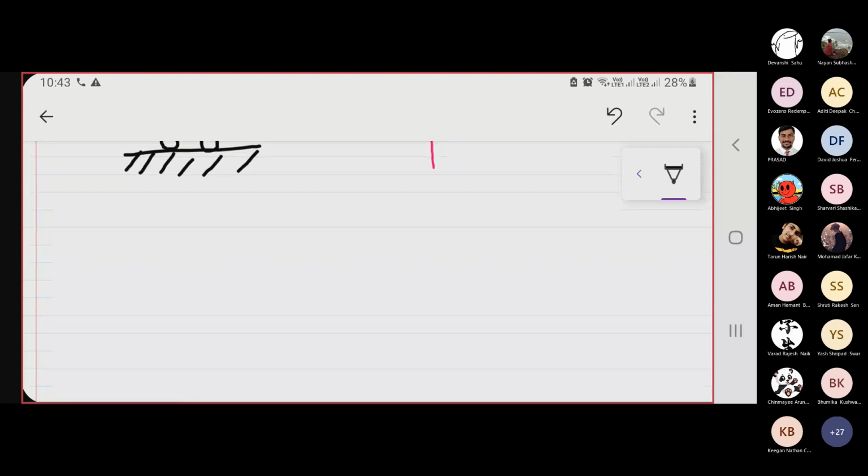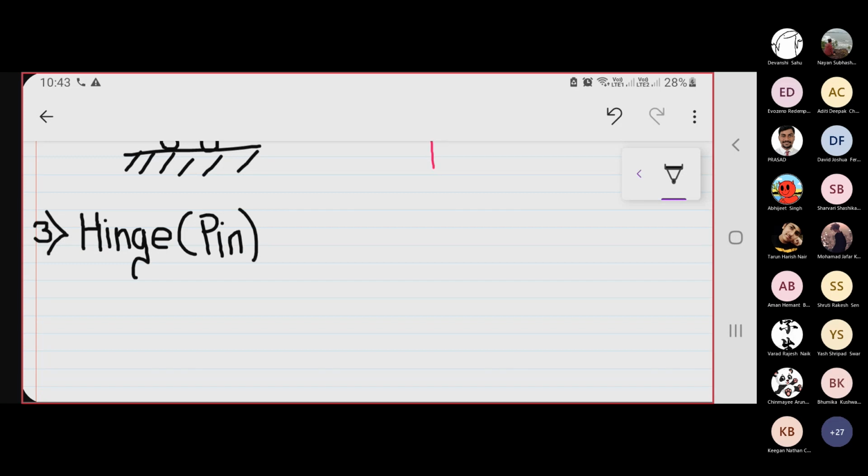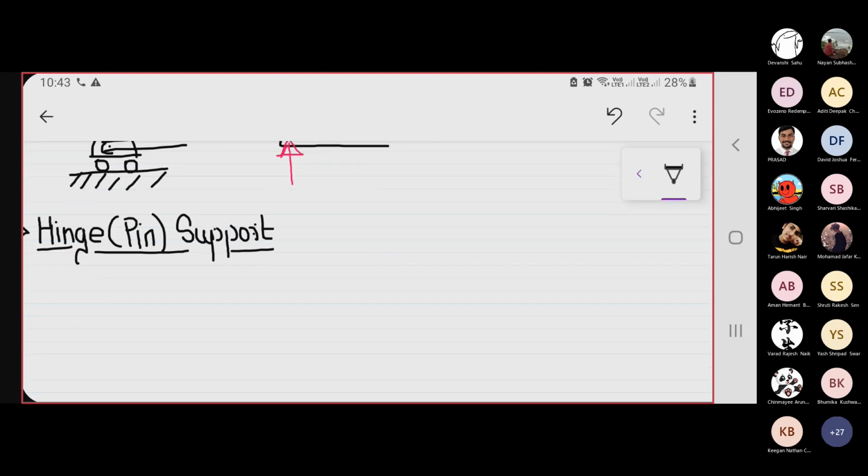Then next is a hinge support or pin support. Third, hinge or pin support. Okay? Simple thing.